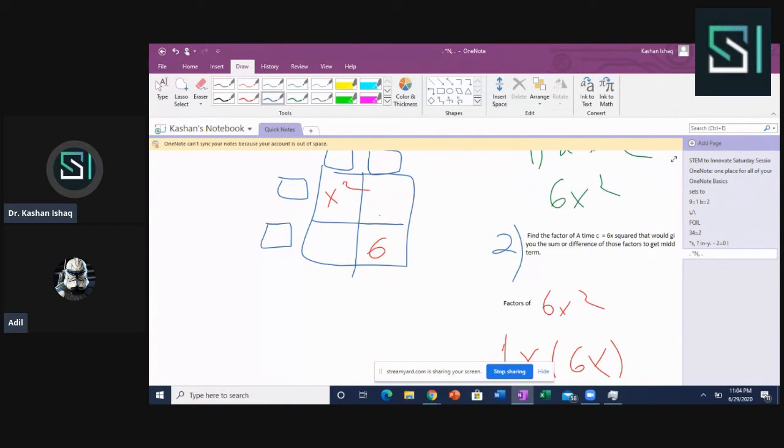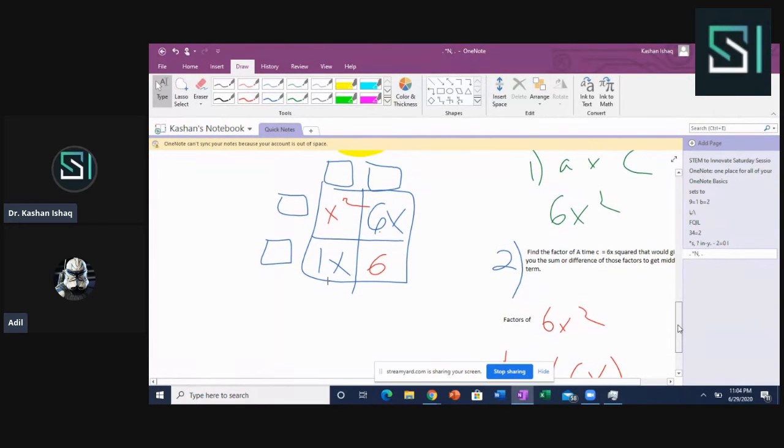I'll just use the blue font to do that. So that would be 6x, and the other one is 1x. So far, so good? Yes. Good. Okay. So just to recap real quick, we got the factor of A and C, right?